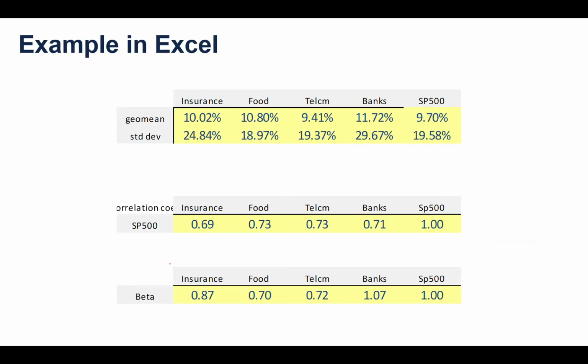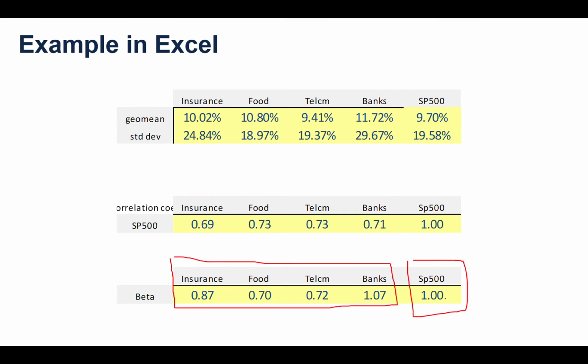If you look at our results here, we have these four sectors and the S&P 500. The S&P 500, we didn't even need to calculate it. It should equal 1 because it is the market.